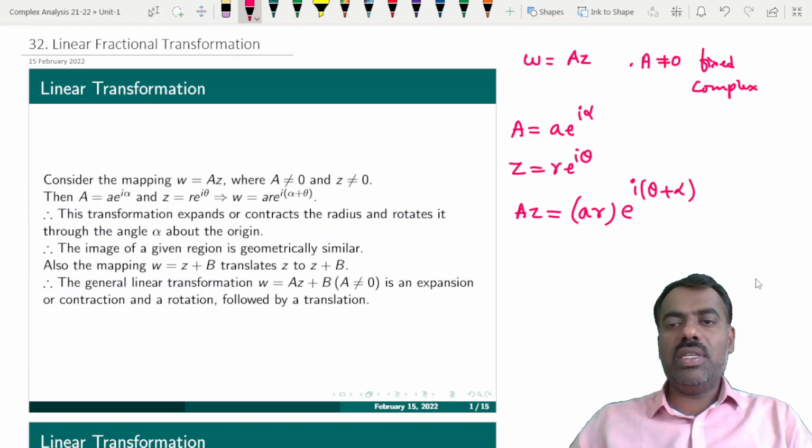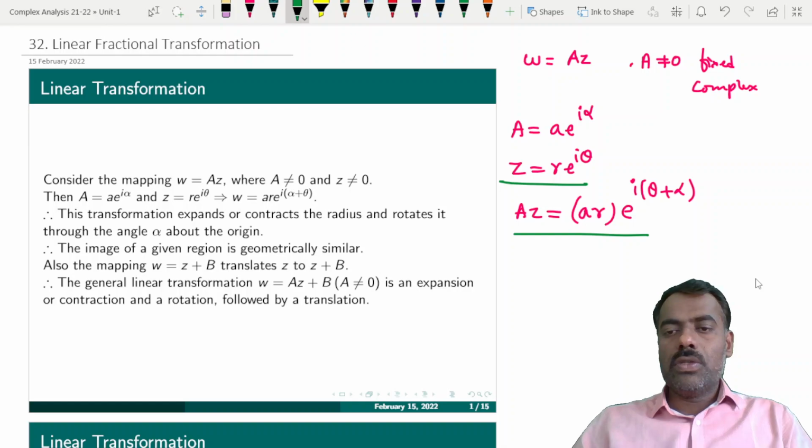So this is z, and then this is az. You can see that the distance of z from the origin is r. Here the distance is |a| r in the w plane.